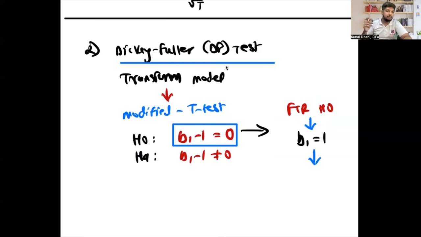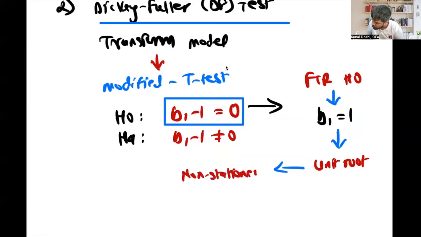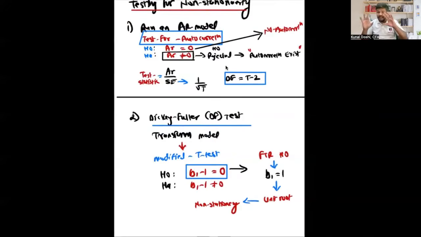Everyone, unit root problem means it is not covariance stationary. We cannot use it. So it is non-stationary. So this means it has a problem of unit root. Unit root is proven, and that means it is non-stationary. Non-stationary means I cannot use the model. So see here, very different.